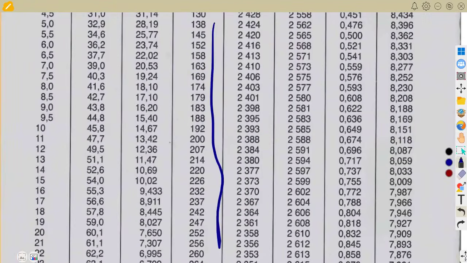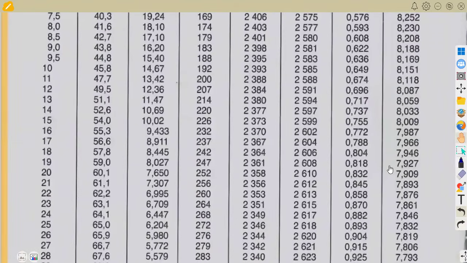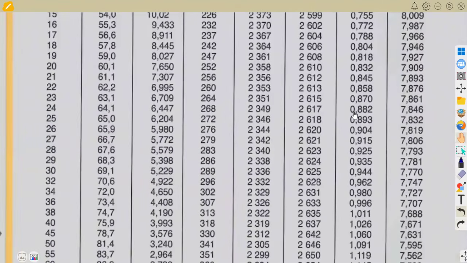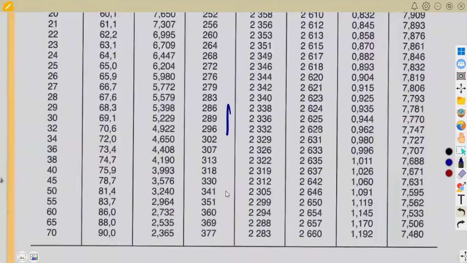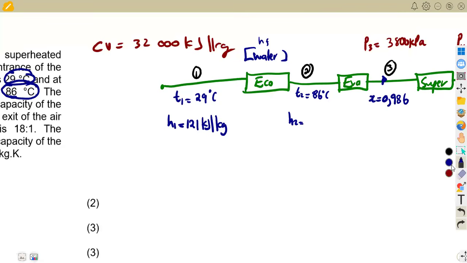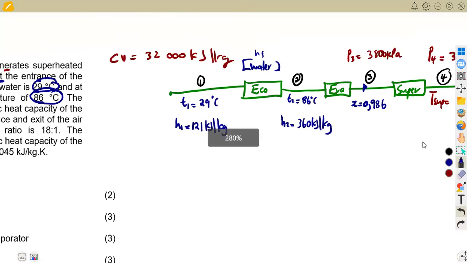Under the temperature of 86, this is our TS, our temperature, and this is our HF, which is 360 kilojoules per kilogram. So we have got HF there.